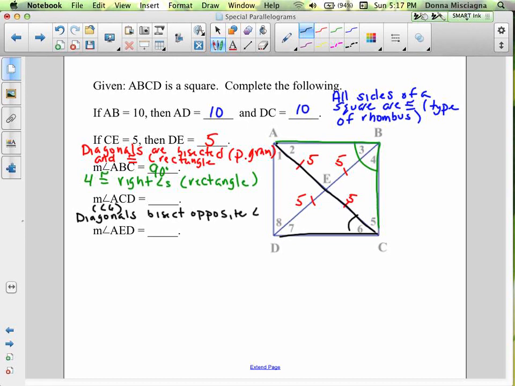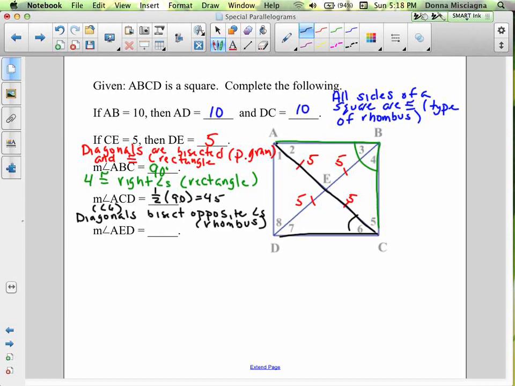And that's because a square is a type of rhombus. And every rhombus has the opposite angles bisected by the diagonal. So if an angle is bisected, it means it's cut in half. So that means that angle 6, or angle ACD, is equal to half of 90 degrees, or 45 degrees.